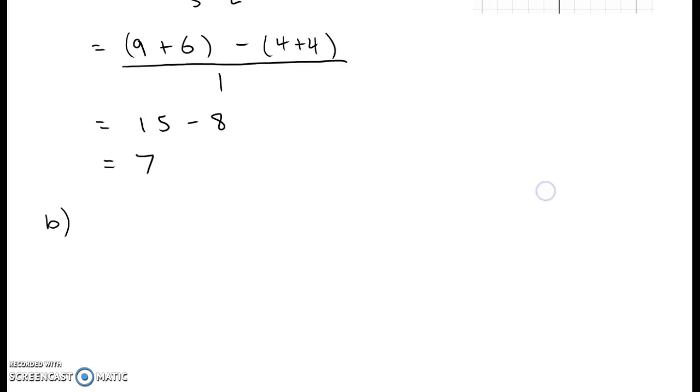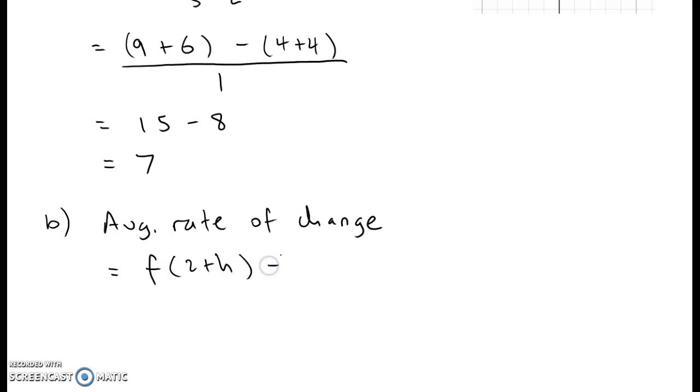So the average rate of change will be the change in y over the change in x, which will just be the value of the function at 2 plus h minus the value of the function at 2 over the change in x, which will be 2 plus h minus 2.